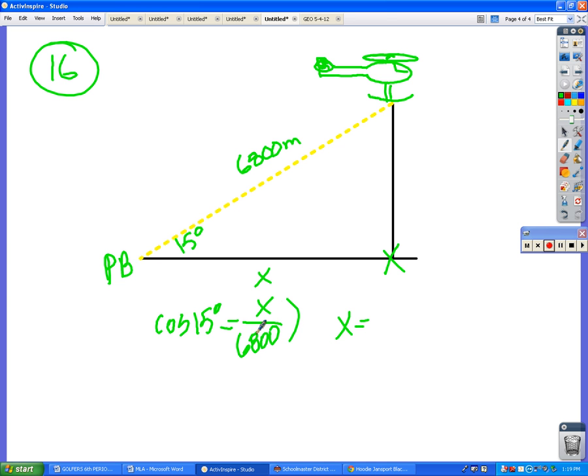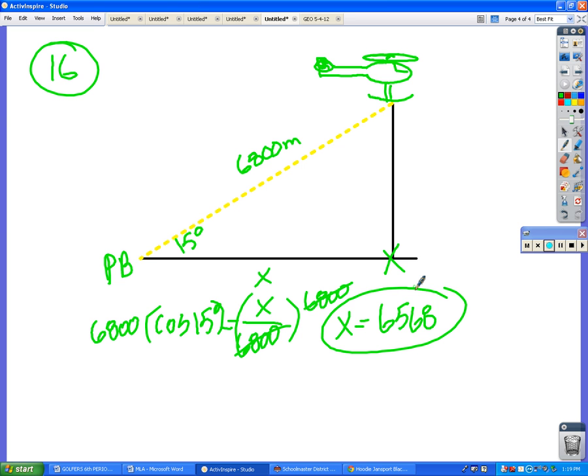I'm solving for x, and so since it's x divided by 6,800, to get rid of that 6,800 and get the x all by itself, I'm going to multiply both sides by 6,800. Okay? 6,568. Is that what you got? I got 6,568. And that's what they got too.